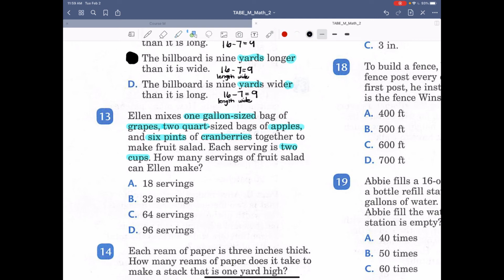So the first thing I'm going to do is draw my bags of stuff. Okay, I'm going to leave that. All right, this is the grapes. And the grapes are in a gallon.